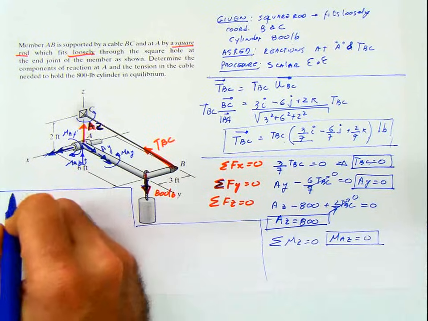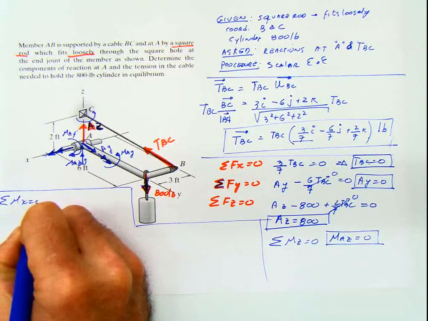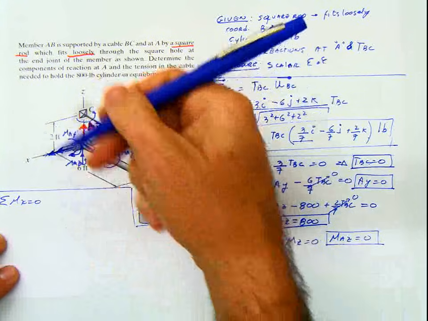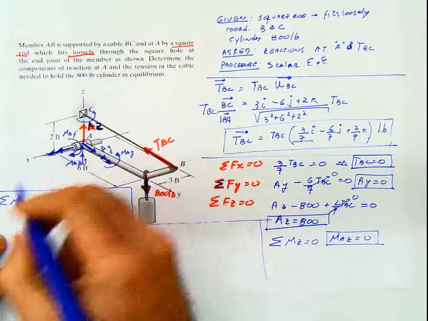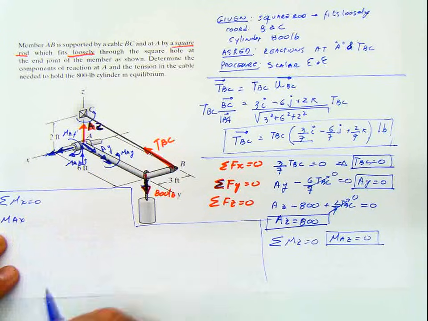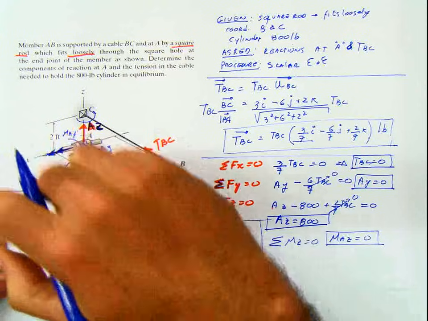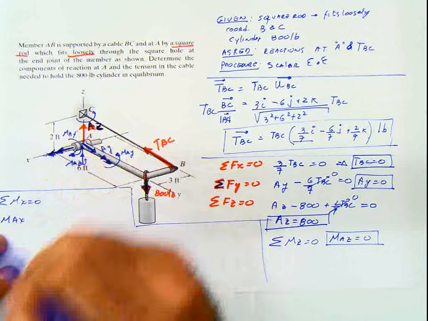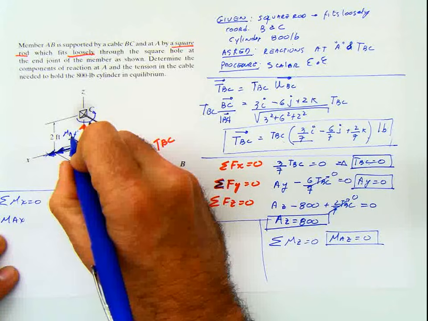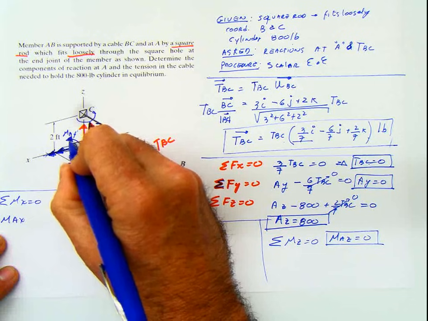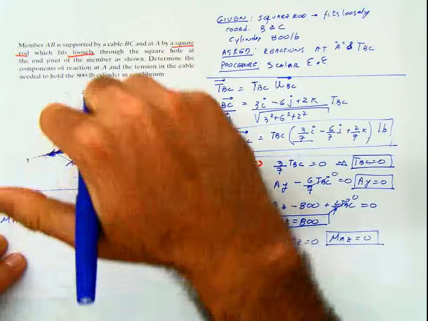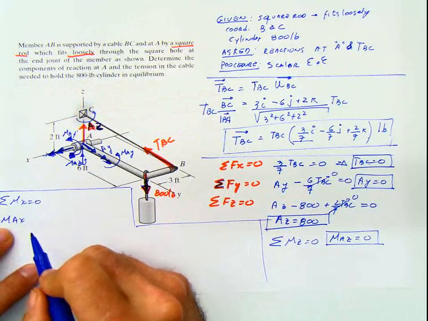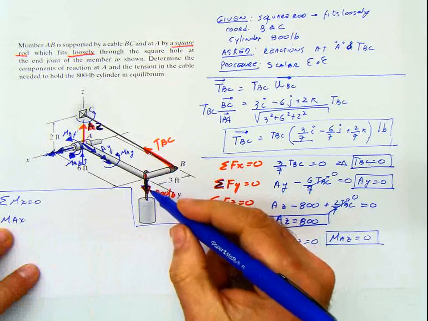Now let's do summation of moments about X. X is this rotation, and in this rotation, I'm having MAX, which I copy positive. The arrows show the direction of MAX. Actually, this should be acting in this way to make the drawing more clear. So MAX is in this direction, and what else do we have in X? This force of 800.